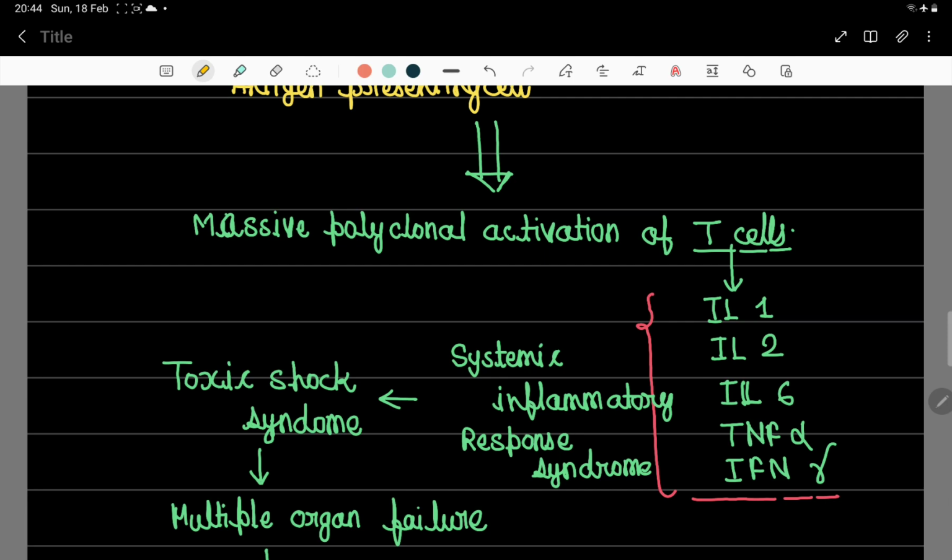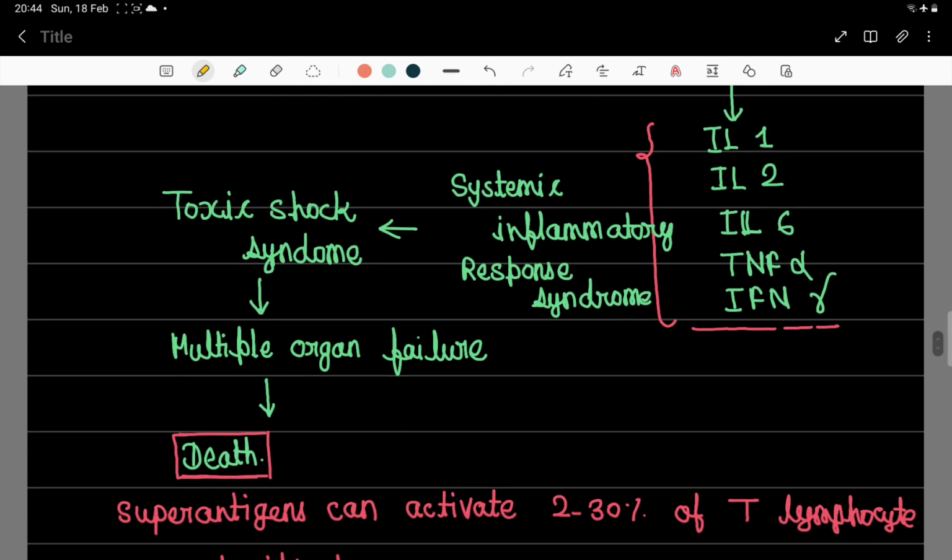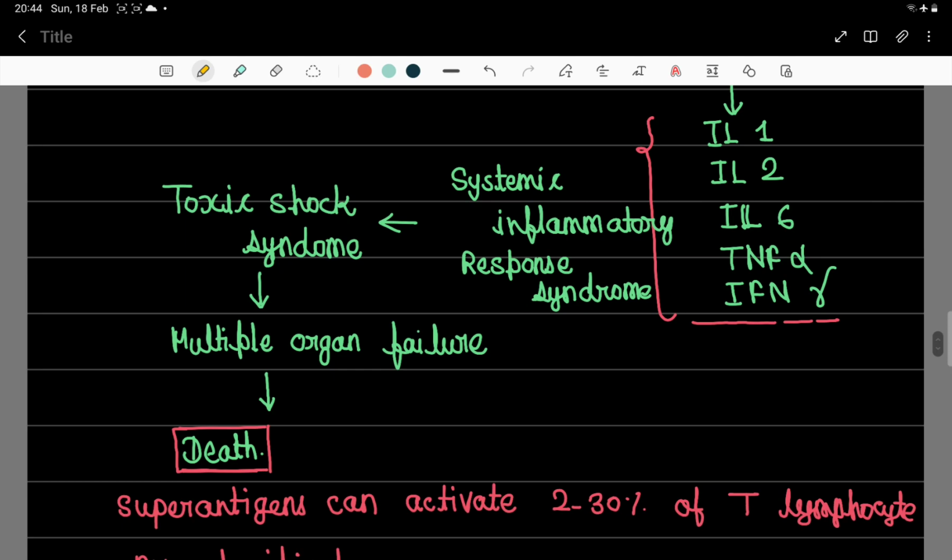They will cause further activation of our macrophages, dendritic cells and all, and it will create a big problem. It will cause systemic inflammatory response syndrome: massive inflammation in the body, complete chaos all over the body.